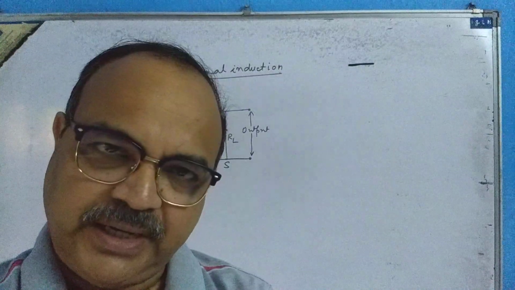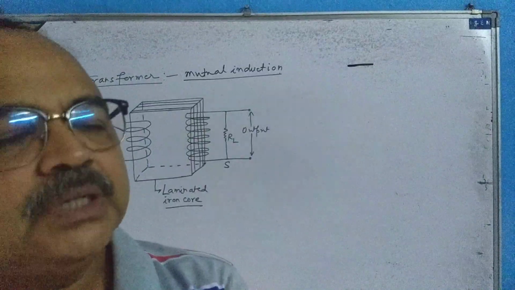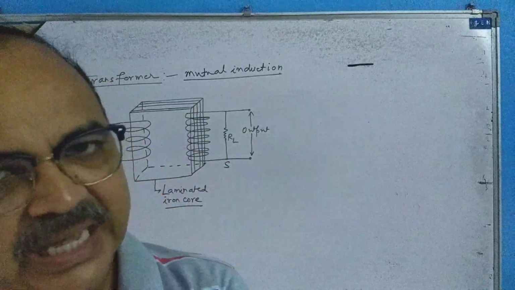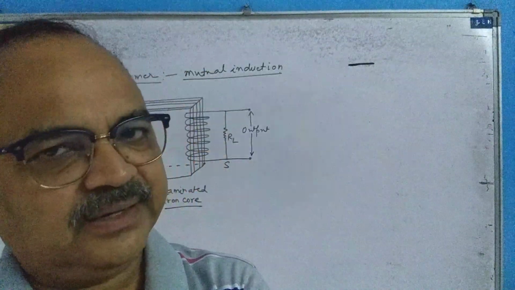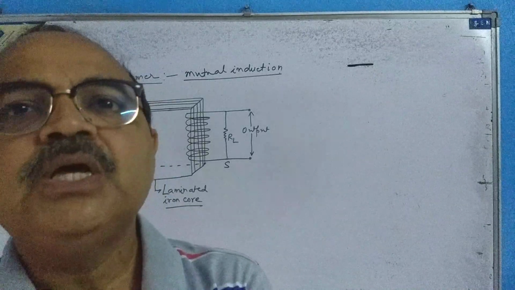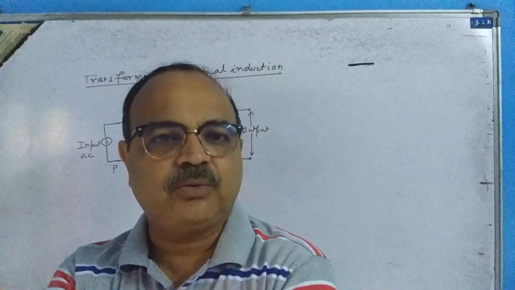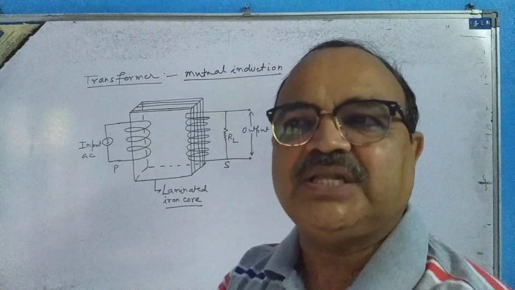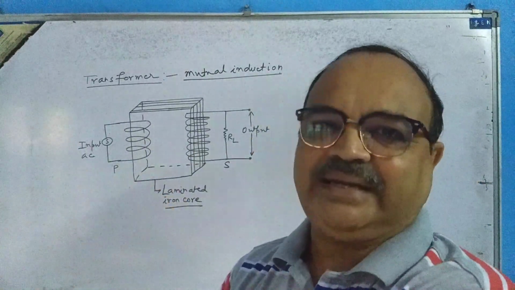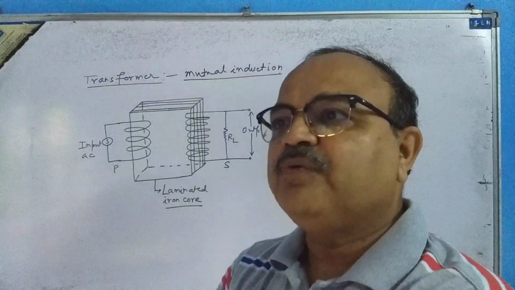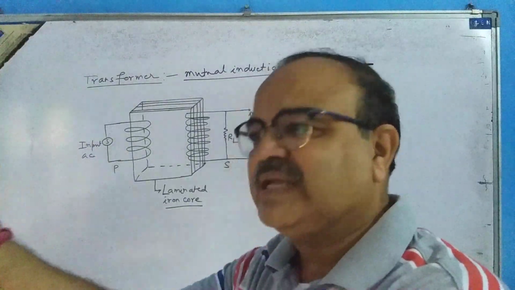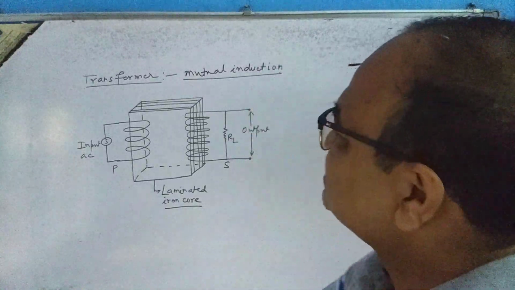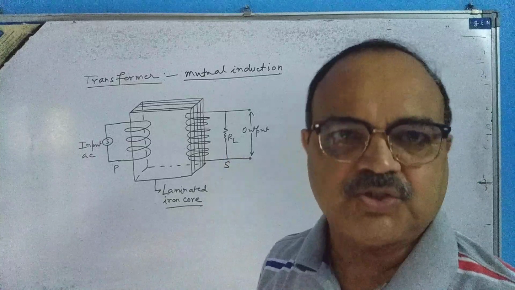That is called mutual induction. I hope I have discussed mutual induction in the last class and you have understood it very clearly. So mutual induction is that phenomenon with the help of which when the current in the primary coil changes, that links the secondary, and due to which an induced current and hence an induced EMF is set up in the secondary coil. This thing happens in a transformer also.